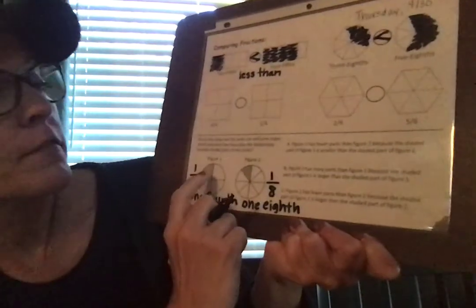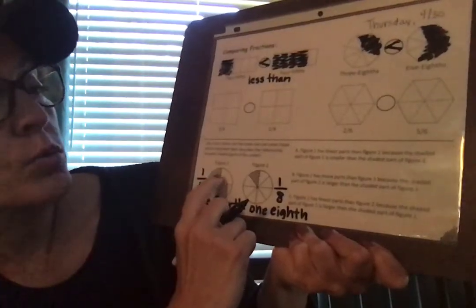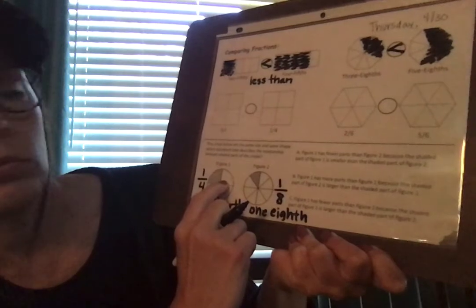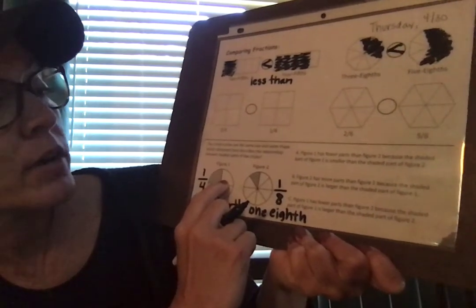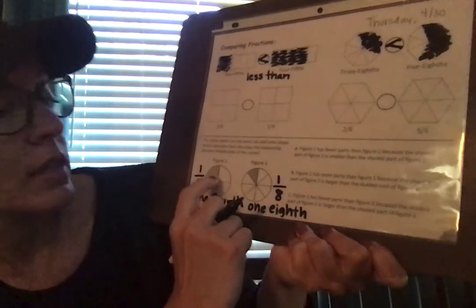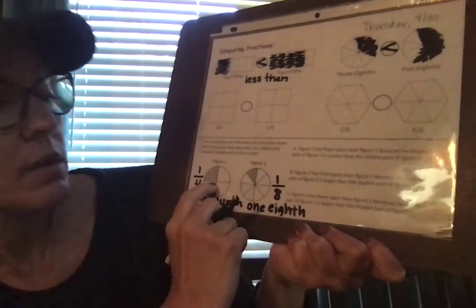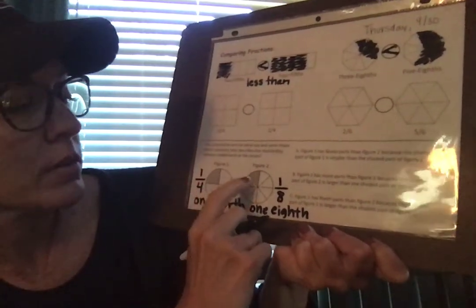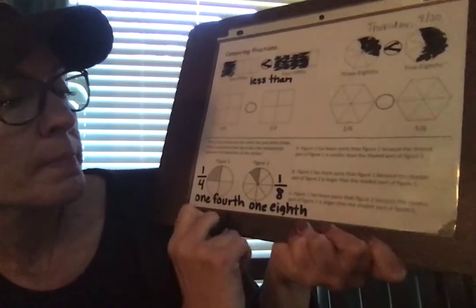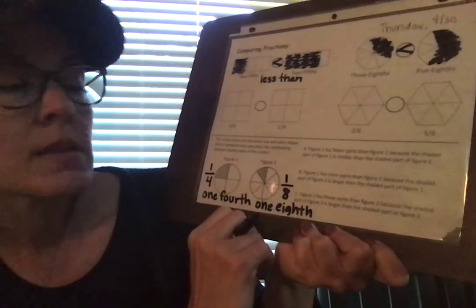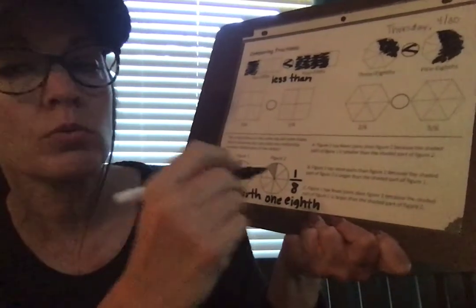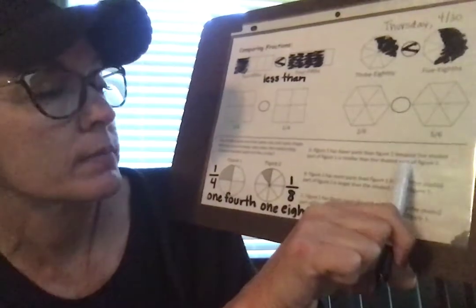A says figure 1 has fewer parts than figure 2 because the shaded part of figure 1 is smaller than the shaded part of figure 2. So think about that. Is the shaded part smaller in figure 1 than 2? And now do B. So write true or not true out to the side of that one.